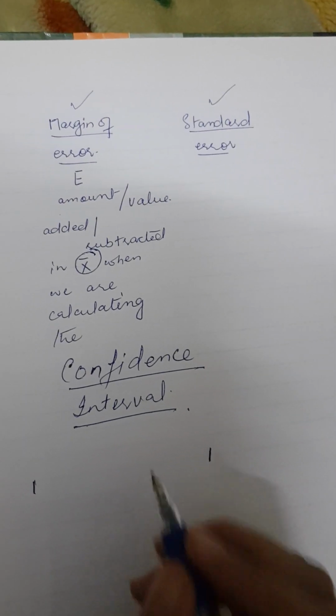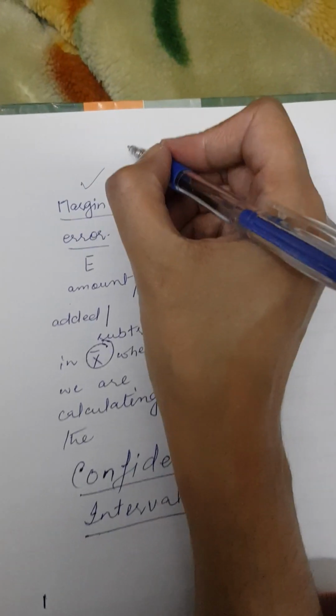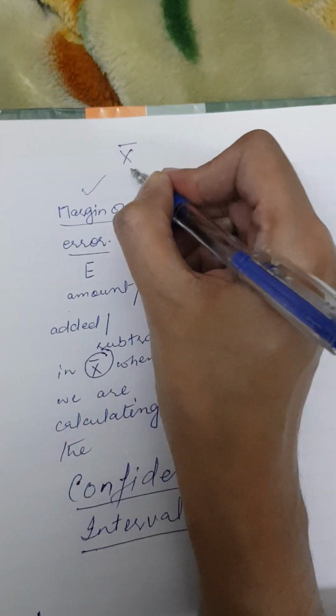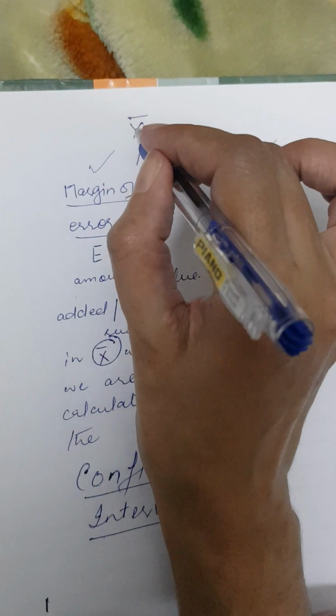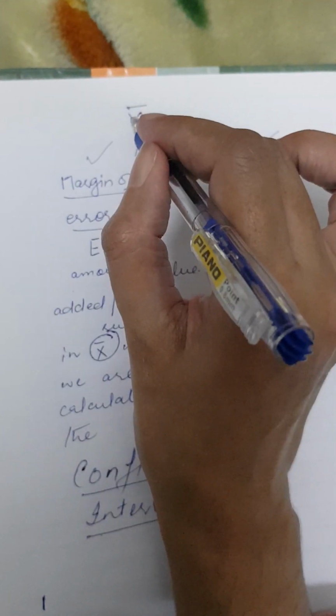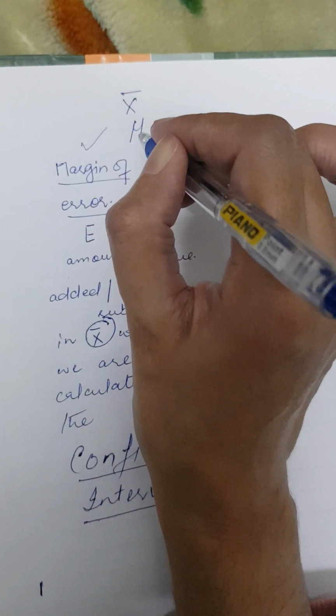And we always know, and we are repeating it again and again, that x bar is the sample mean, mu is the population mean, and mu should be within the interval around the sample mean, and the sample mean should be a representative of the population mean.